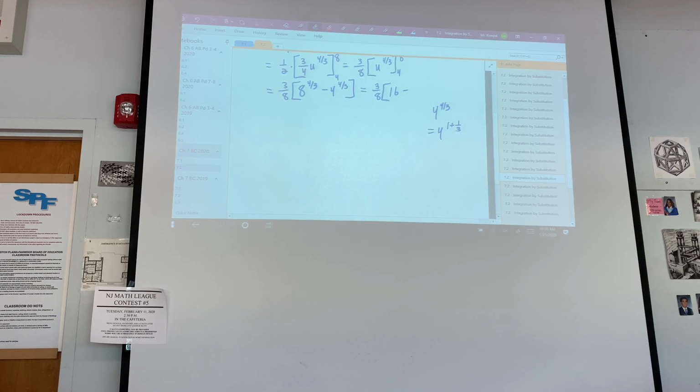Everybody agree those are the same? Actually, I'll go one step slower. For those of you who, we generally don't use mixed numerals here, but that's a mixed numeral. Does look weird because we don't use them very often. All right, 1 1/3 is 1 plus 1/3.